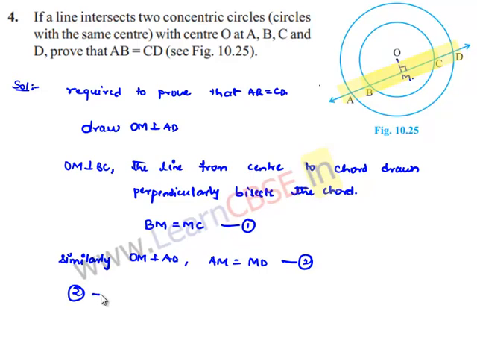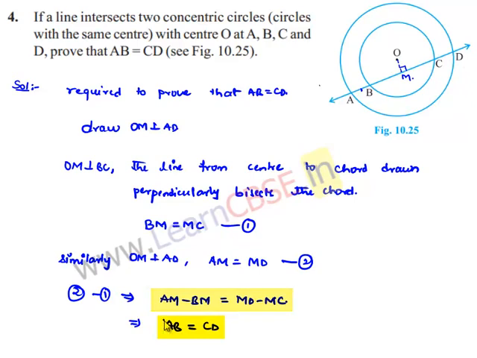Now let us consider 2 minus 1, which implies AM minus BM is equal to MD minus MC. That implies AM minus BM is nothing but the segment AB is equal to MD minus MC is nothing but the segment CD. Therefore this is what is required, that is AB is equal to CD, and it is hence proved.